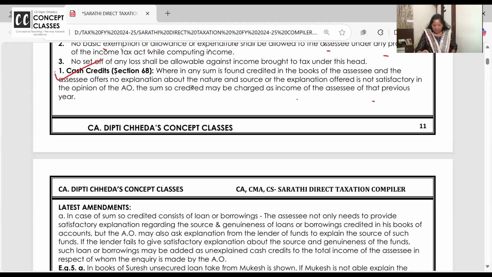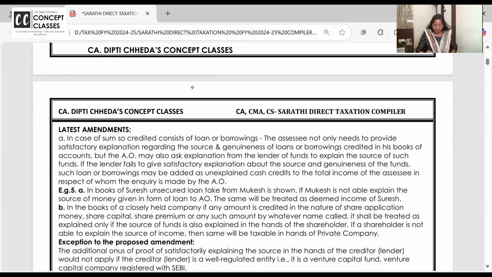Next, just read it at home, where an amount is found in the credit and all. Yes, there is a latest amendment in undisclosed income also. As I told you, if I'm getting funds from Ramlal, they can ask me, and they can also ask Ramlal that you have given the loan to Dipti ma'am, from where did you get this money?